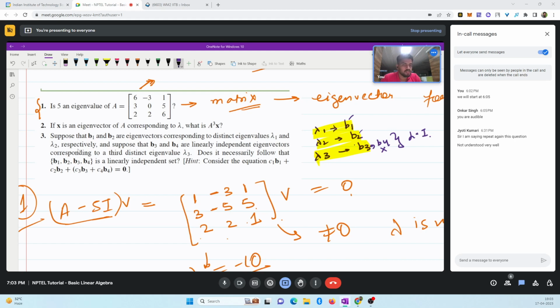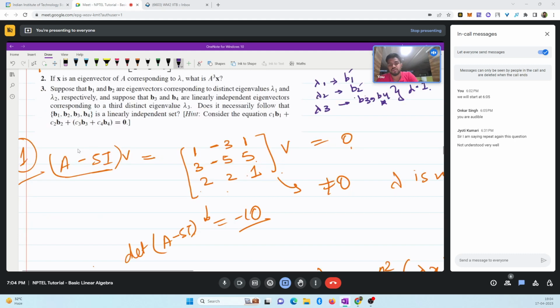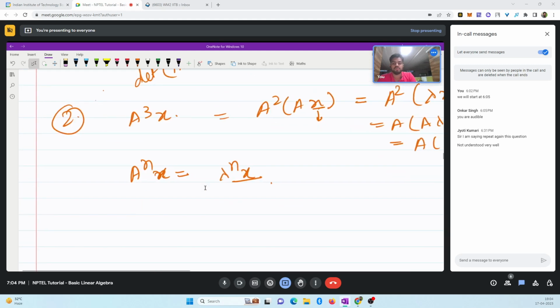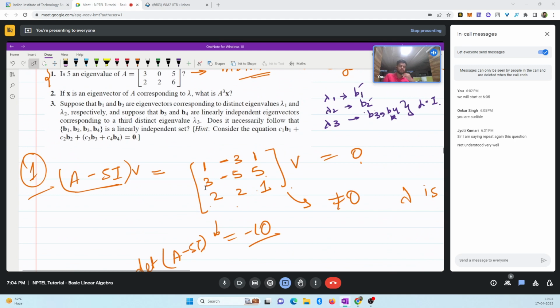Also right now we know that b3 and b4 are linearly independent, right? Now the question is, if you combine both these things, whether it would be linearly independent or not. Okay, so we have to see this. I feel that it should be a linearly independent set, and if we have to prove it, we can use the same way.